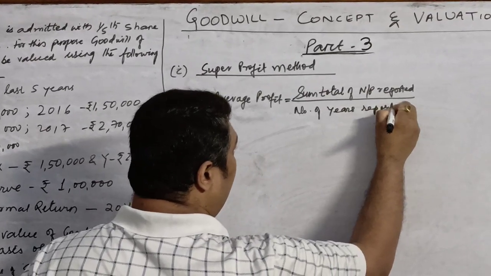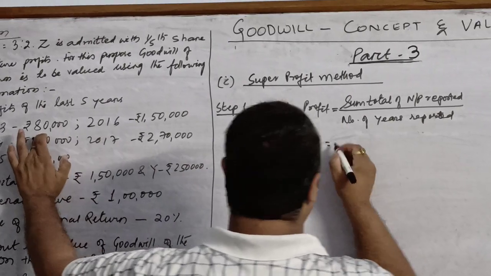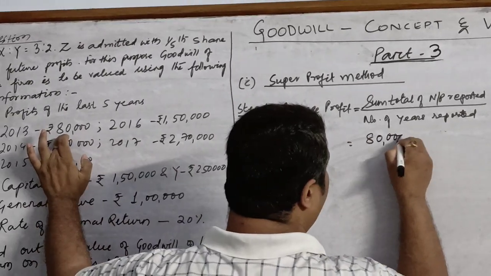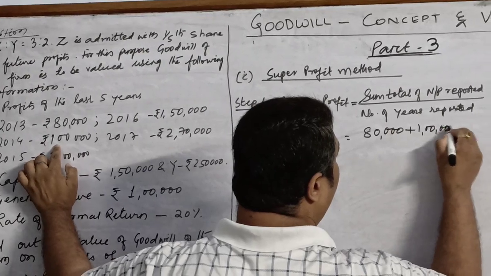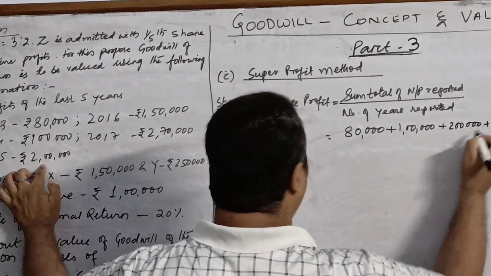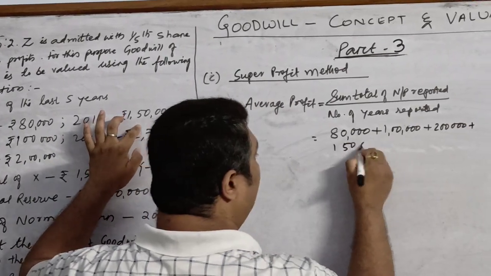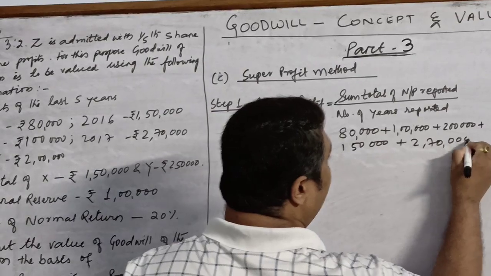Now if you find out the average profit, the profits of the various years are like 80,000 of the first year, plus second year it is rupees 1 lakh, third year it is rupees 2 lakhs, fourth year it is rupees 1,50,000, and fifth year it is rupees 2,70,000.